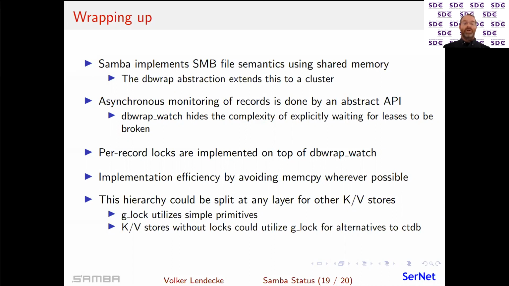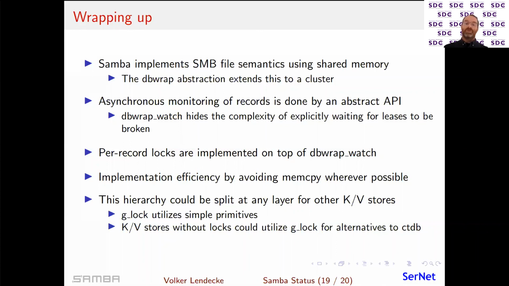So if somebody else wanted to implement Samba logging on top of other key value stores, you can split up these layers like logging.tdb, dbwrap watch, glog, and so on at any point. And essentially, we are sitting on TDB, a simple key value store. Now with the glog, you could implement this without real per record logs.